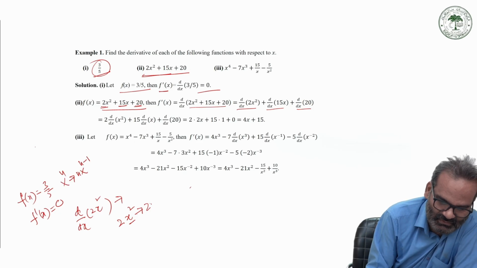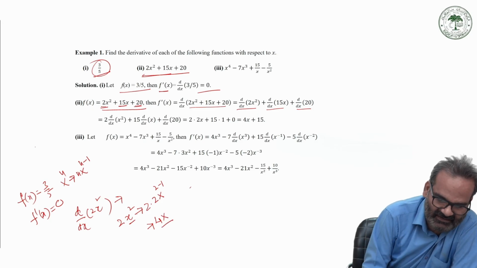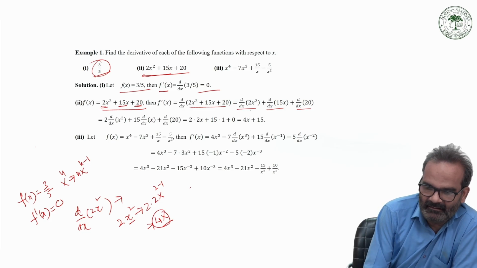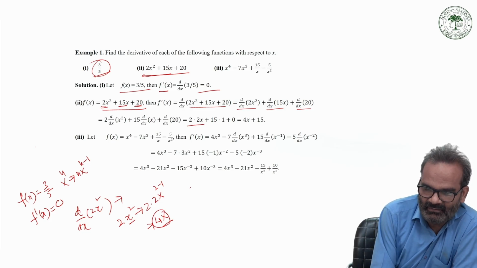Here n is 2. So what will you get? 2 x power 2 minus 1. So you will get 2 into 2, 4, x power 2 minus 1, that is x. So the derivative of x square is 2x. So 2 into 2, 4x, right?